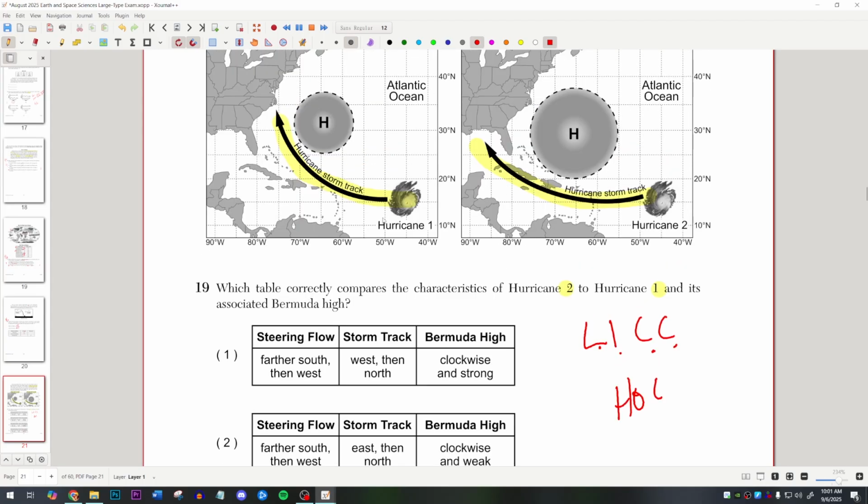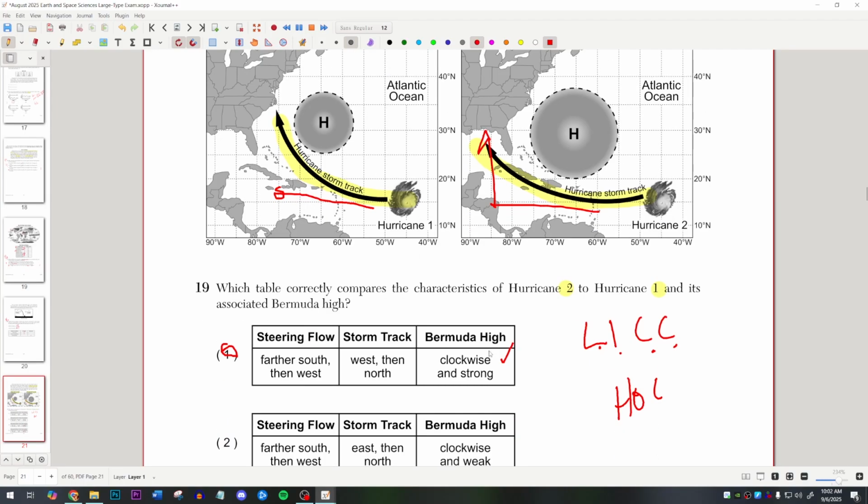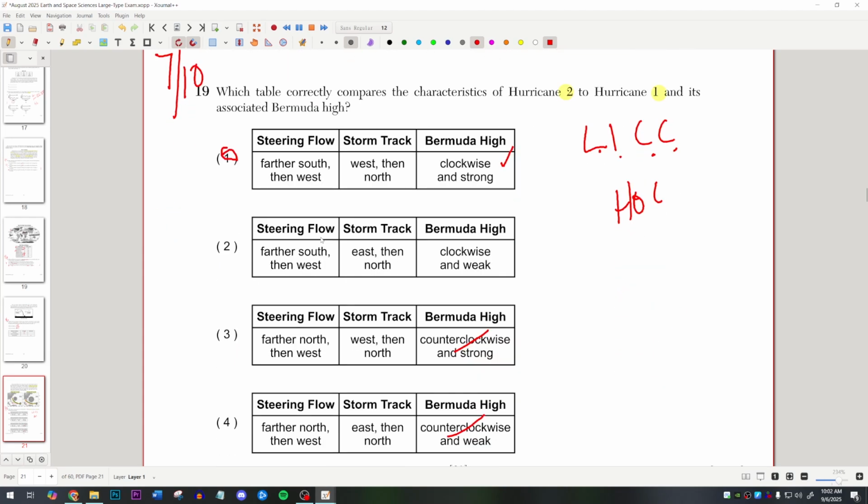West then north is the answer, because we're going to go west first, or we should be on this one, west first, then north. And then it's clockwise and strong. So it looks like 19 is going to be 1. It's okay, this question, but it's kind of confusing, honestly. I would say this is kind of hard. I'd say it's a 7 out of 10. It's not a bad question per se, but it's kind of hard.